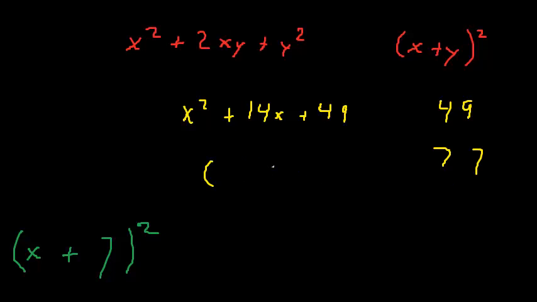Then our two binomials, our first term would always just be x, and then our two terms would be the two factors we found, 7 and 7, and they are both positive. So we see here (x plus 7) times (x plus 7), which indeed is (x plus 7) squared.